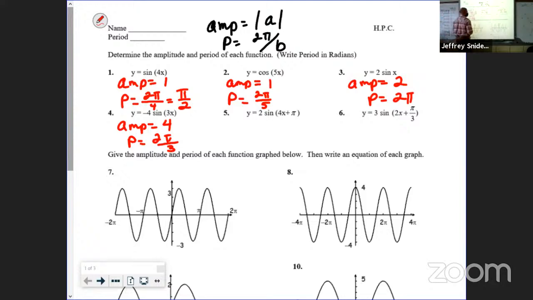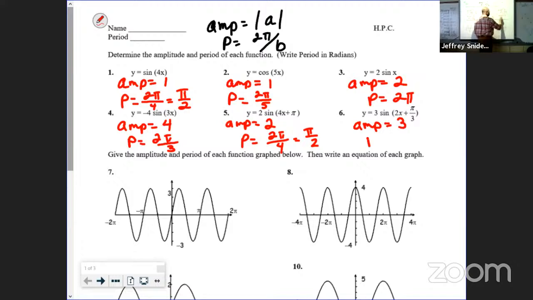Number 5, amplitude is 2. The period is 2 pi divided by 4, so it's pi over 2. And the last one, amplitude is 3. The period is 2 pi over 2, which is pi. Any questions on the first 6? Nope. Okay.